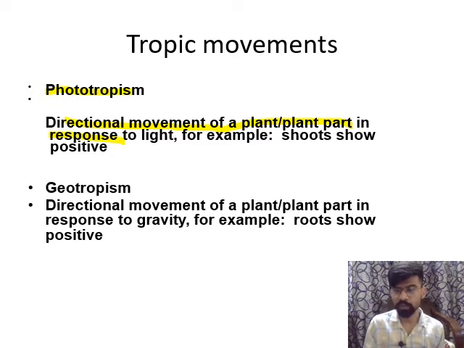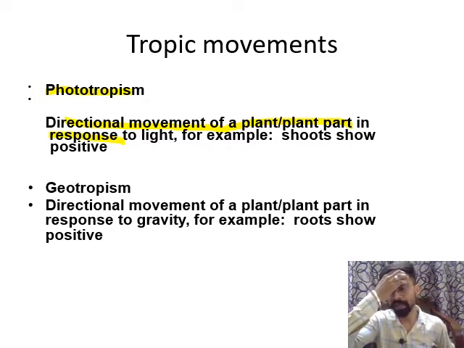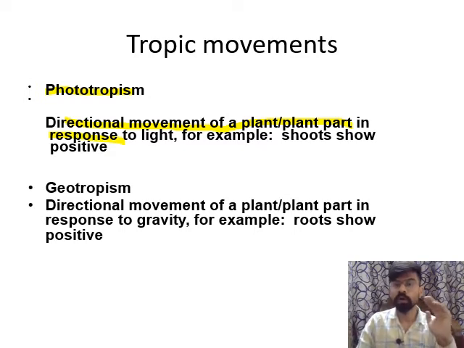If the plant bends towards the light, then this response is known as positive phototropism. Or if the plant moves away from the sunlight, then it is negative phototropism. Next is geotropism. Geotropism is the process by which plants show directional movement in response to gravity.